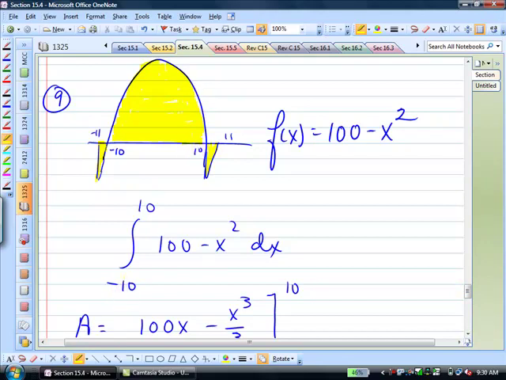That's the integral from -10 to 10 of 100 minus x squared dx. Now, where did I get the -10 and the 10? Count on your graph. Where that parabola hits right there, that should be -10 and 10.